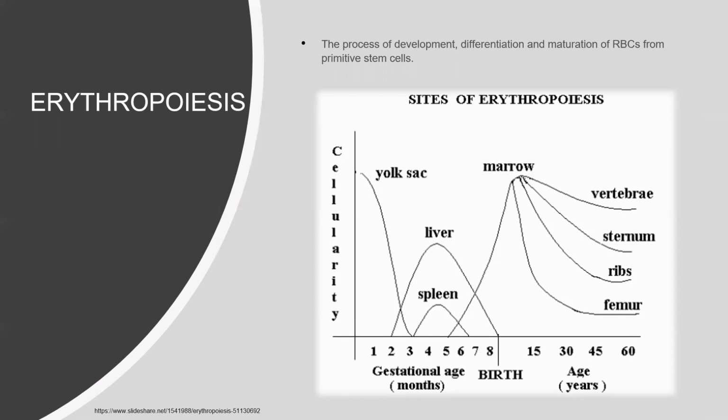However, in adults, it only occurs in the bone marrow of the vertebra, sternum, ribs, femur, and several other bones. When erythropoiesis is inadequate in the bone marrow, this can trigger extramedullary hematopoiesis. It means that hematopoiesis occurs outside the marrow, and it is commonly seen in different types of thalassemia, for example.